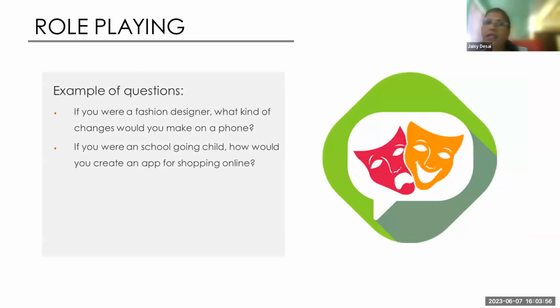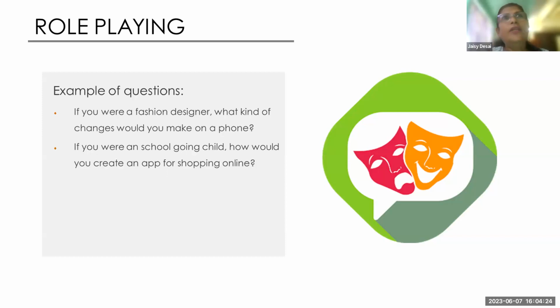Role playing. In fact, we use less of this, but it is very helpful, be it any product category that you're talking about. Let's say you ask a question like, if you were a fashion designer, what kind of changes would you make on this phone, as compared to if you were a technology person, or if you were somebody else?